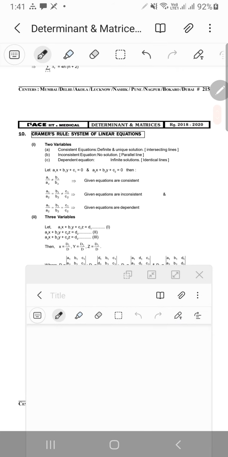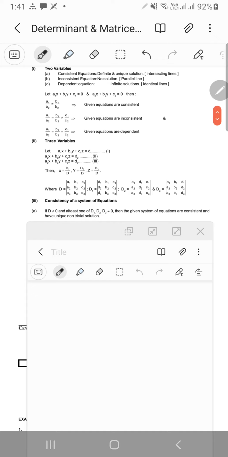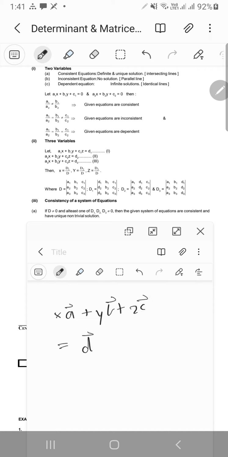So just consider the vectors a, b, c and x, y, z. x, y, z are scalars, right? So x times the a vector plus y times the b vector plus z times the c vector equals this final d vector, that's d1, d2, d3.